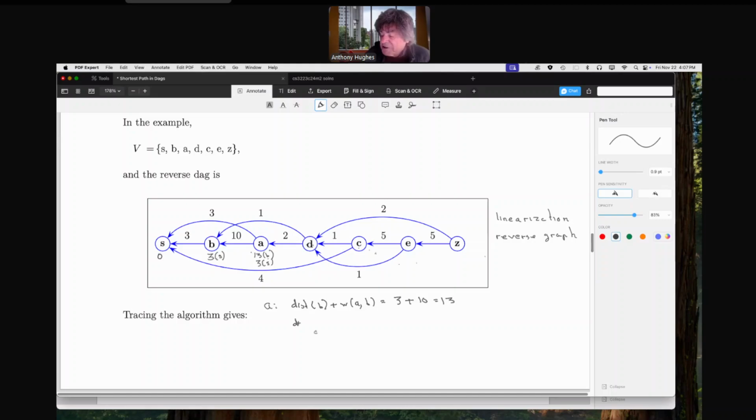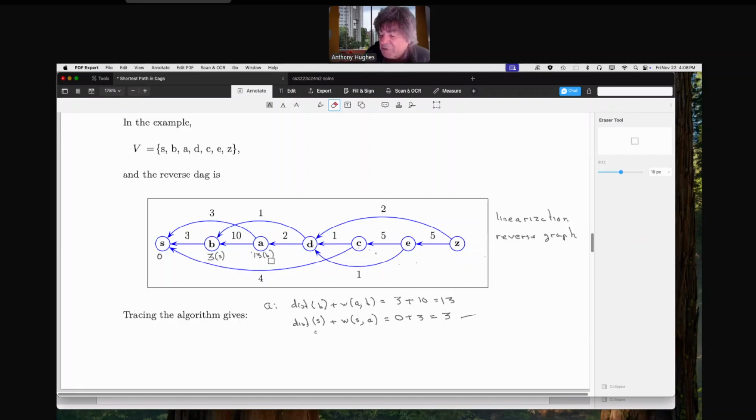Or we can do the distance to S plus the weight of S to A is equal to 0 plus 3 equaling 3. And obviously, this one wins.